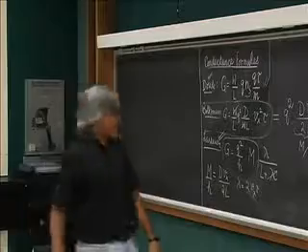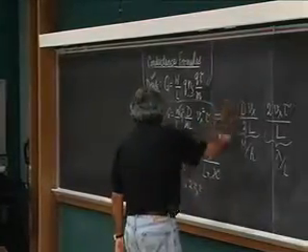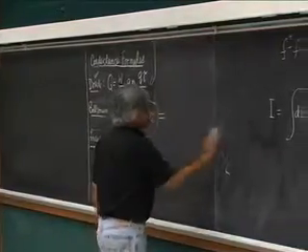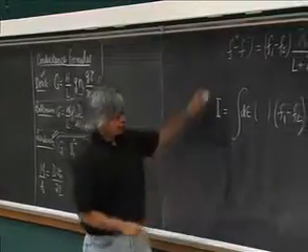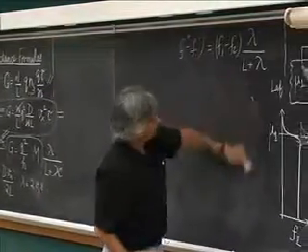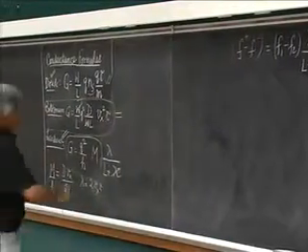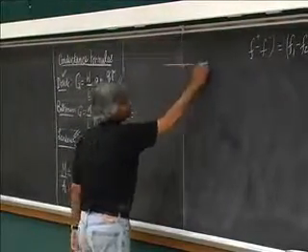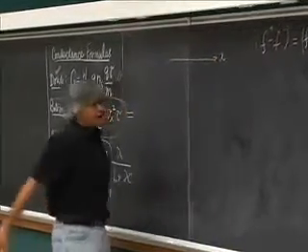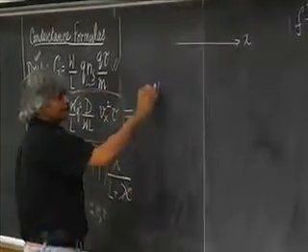Okay. Now, the first case you might want to consider then would be a one-dimensional conductor. So let's say I have a one-dimensional conductor, this direction, and we'd like to know what is the density of states.